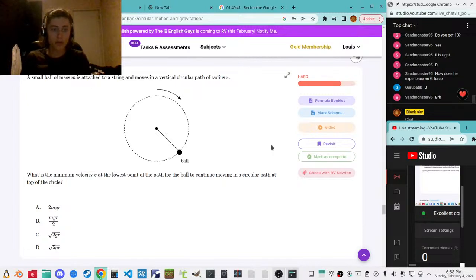A small ball of mass m is attached to a string and moves in a vertical circular path, radius r. What is the minimum velocity v at the lowest point of the path for the ball to continue moving in a circular path?